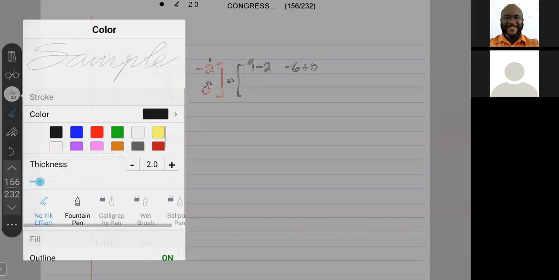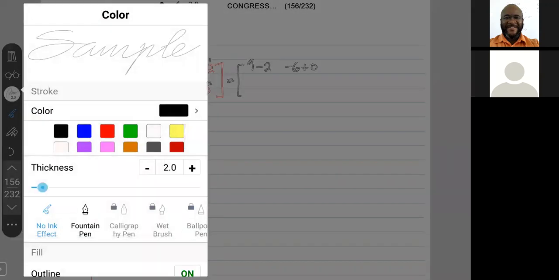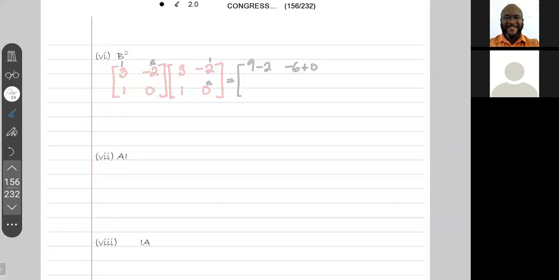Now let's go bottom row, left column. 1 times 3 is 3. 0 times 1 is 0.